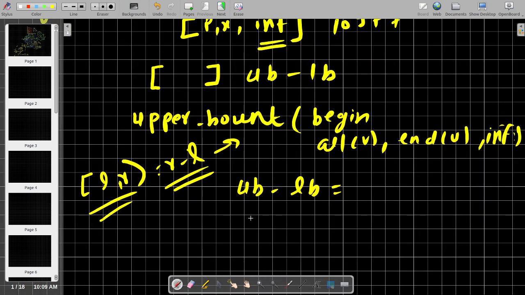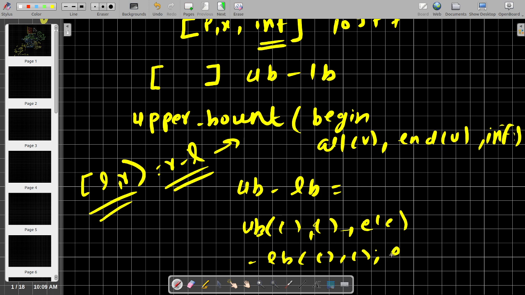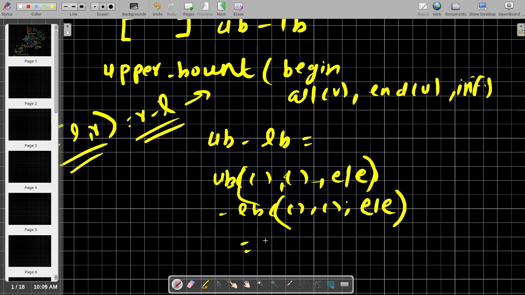The syntax is upper bound(begin of v, end of v, element) minus lower bound(begin of v, end of v, element). So this would give the number of elements lying in the range px comma infinity.